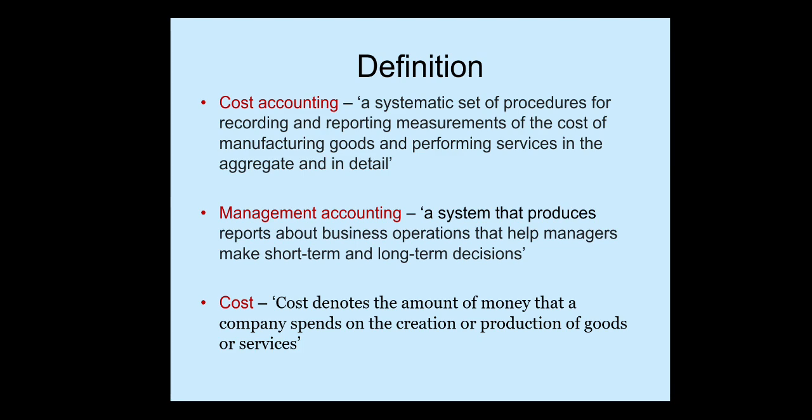So management accounting is the accounting that you can use, and the output of management accounting is useful for managers. You do management accounting to help managers make business decisions.